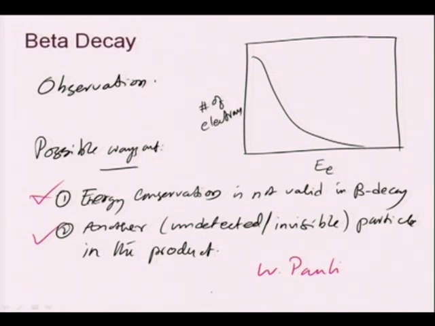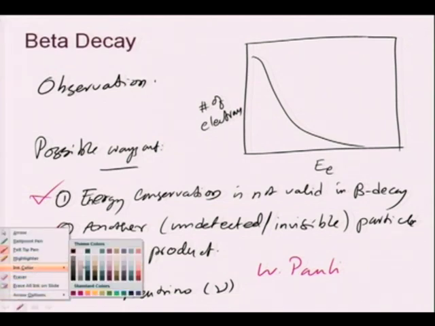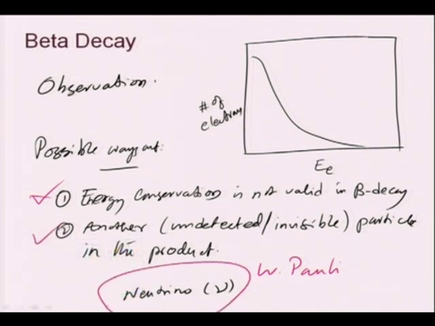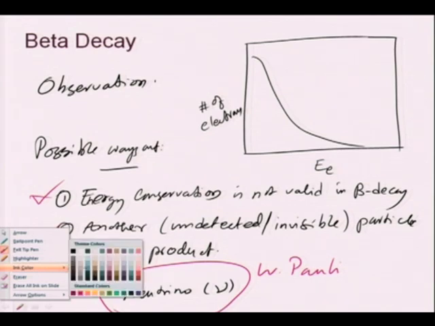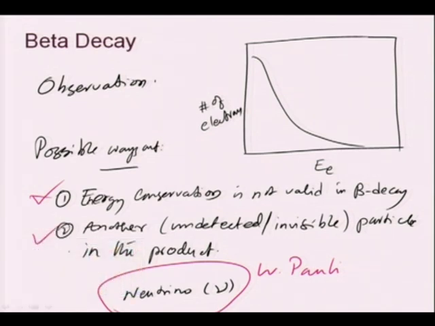And later on, this particular particle, the third particle which is involved in the beta decay, is called the neutrino, and usually we denote it by the Greek letter nu. So, the analysis of the beta decay actually predicts the existence of a new particle which was not known until then.